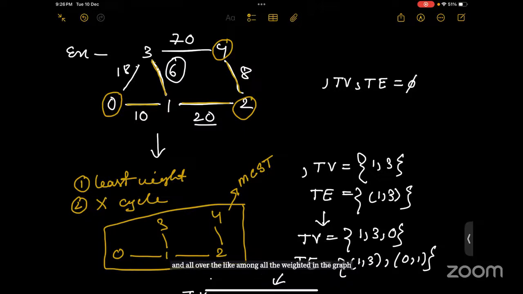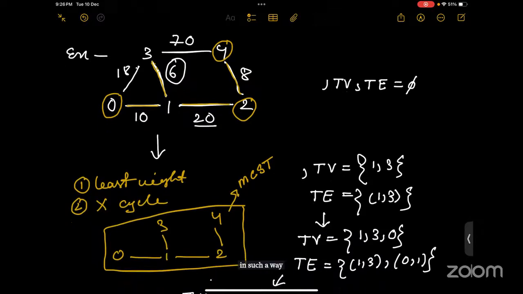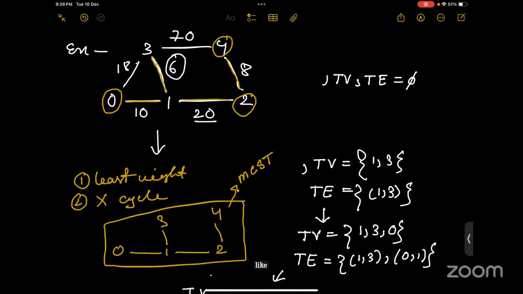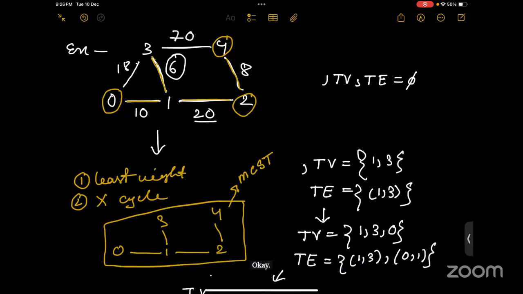Then you have to grow the tree with new edges which have least weight, which will not create any cycle, and which are connected to the vertices which we already have taken in the set of all tree vertices. Okay. Yeah, ma'am.